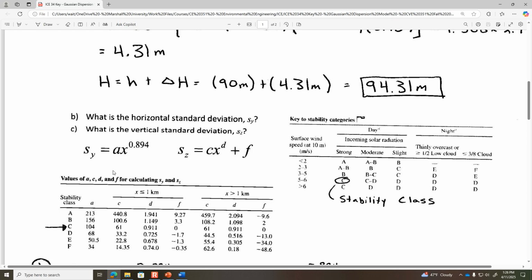So I'll pause again for a moment, allow you to calculate what is S sub Y, what is S sub Z. And if you've already got it, you can flip the page over and start working on the Gaussian dispersion model.